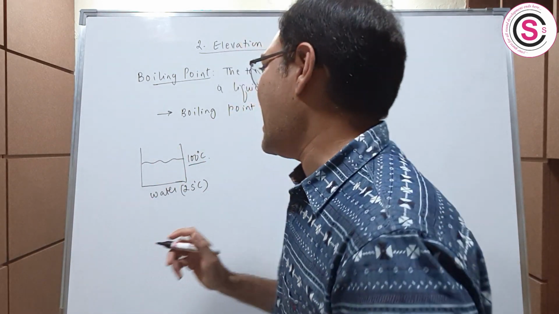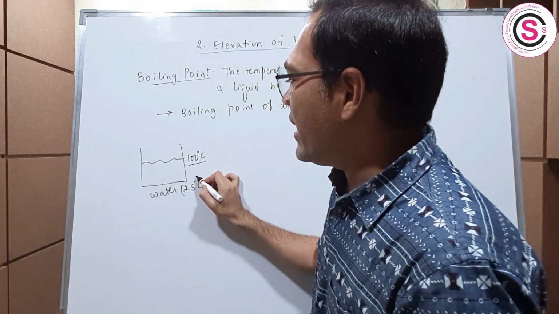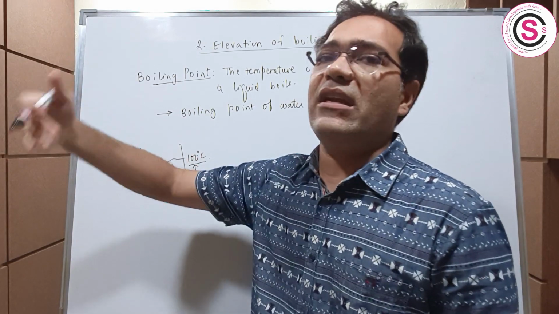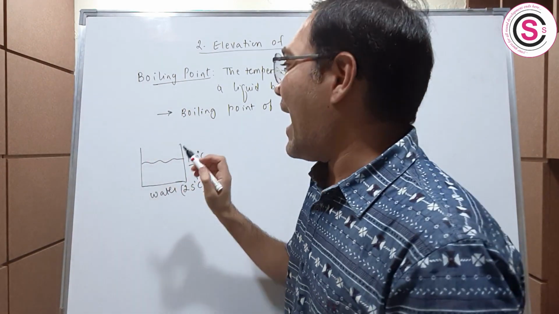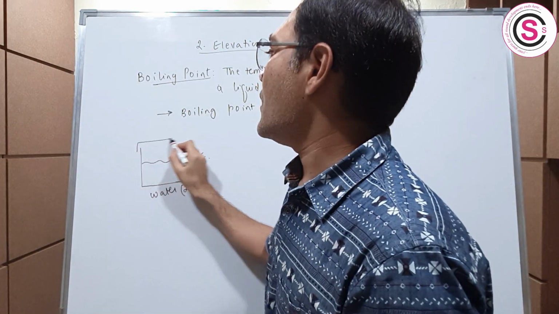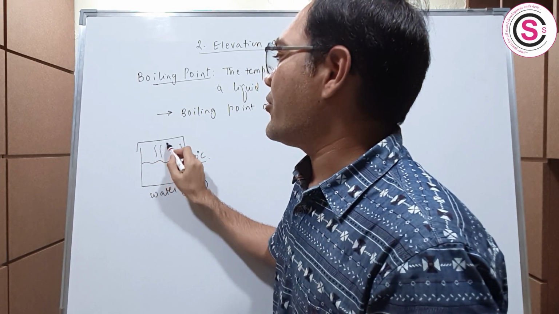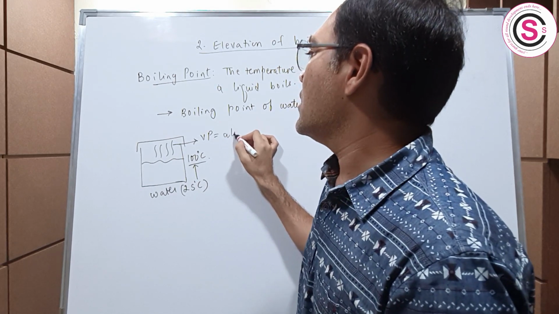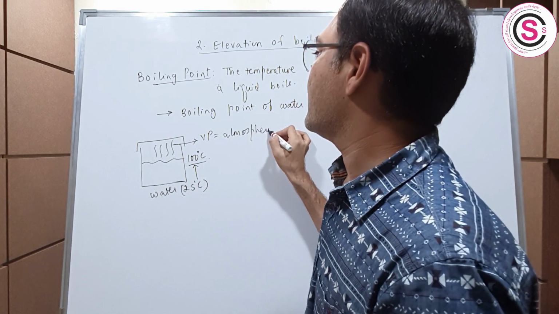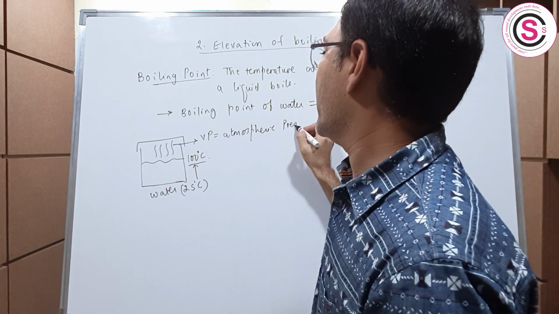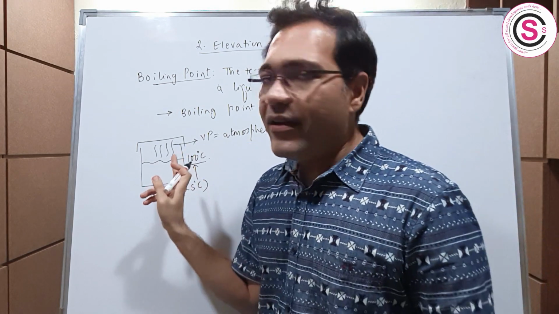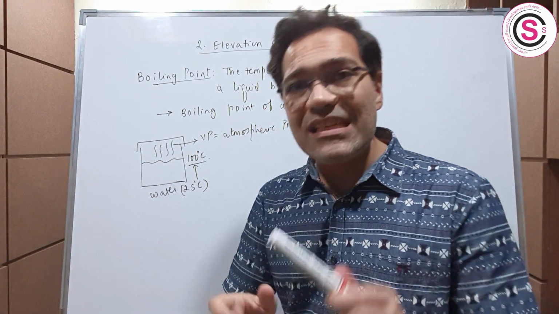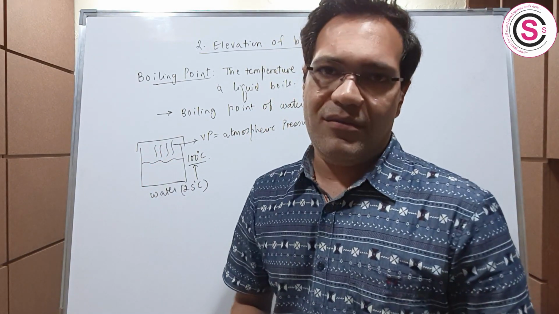So students, as I increase my temperature from 25 degrees Celsius to 30, 40, 50, 70, 90 and finally 100, at 100 degrees Celsius we find that the vapor pressure will be equal to the atmospheric pressure. Correct? So at 100 degrees Celsius, the vapor pressure of water will be equal to the atmospheric pressure, and this is the reason that water begins to boil.